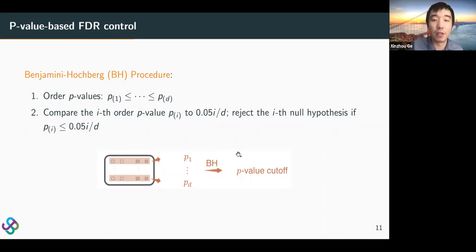In fact, it gives a cutoff on the p-values to control the false discovery rate. Do we have any questions about the false discovery rate and its control? You don't need to remember all the BH procedure details, but you only need to know that it is something that can control the false discovery rate given some p-values.